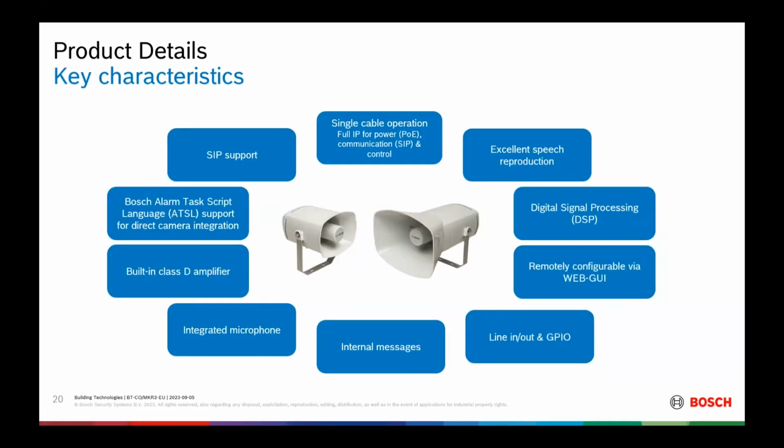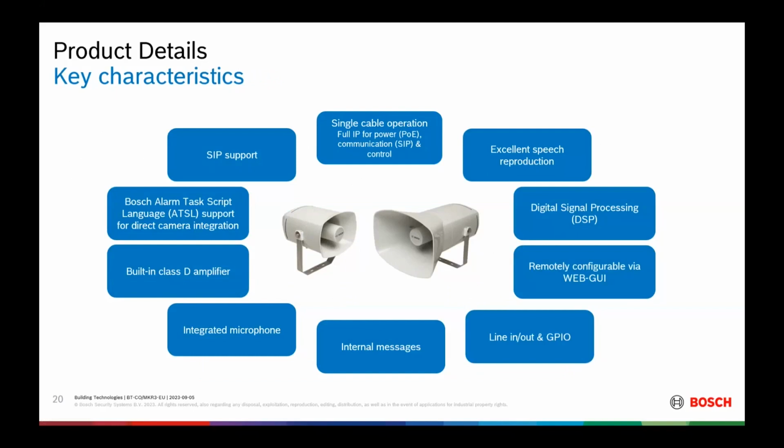Let's have a closer look at the key characteristics. There is a single cable operation, meaning power, communication, and control all in one cable. A DSP with equalizer and presets for music and speech is integrated.